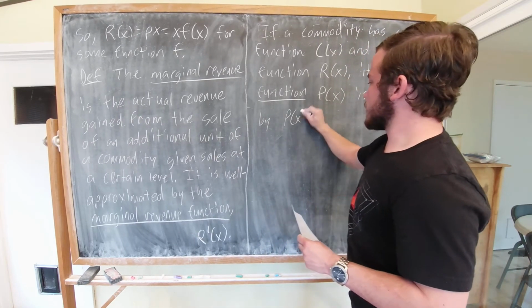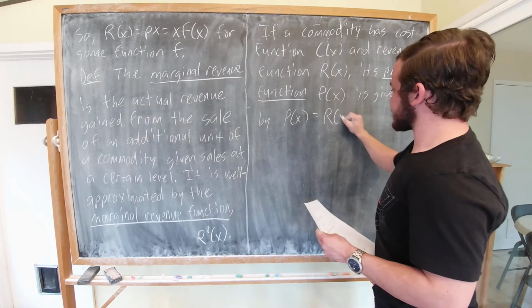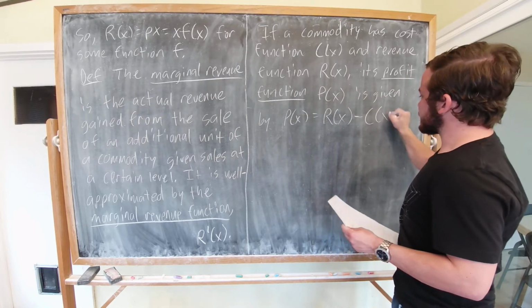So, in other words, P of x is R of x minus C of x.